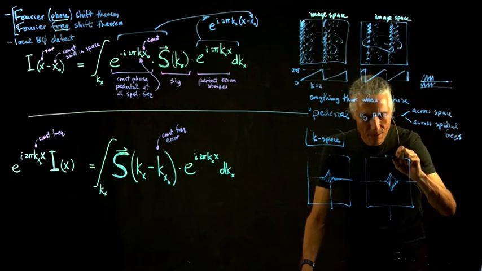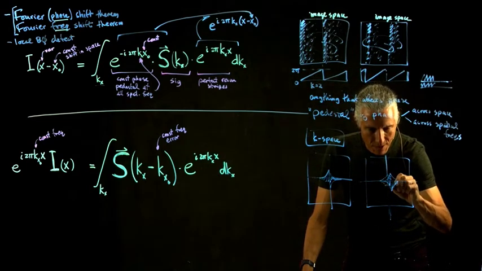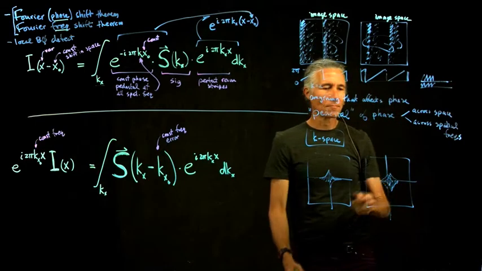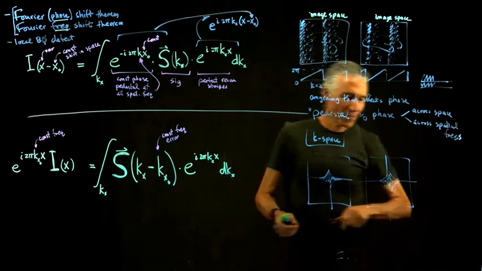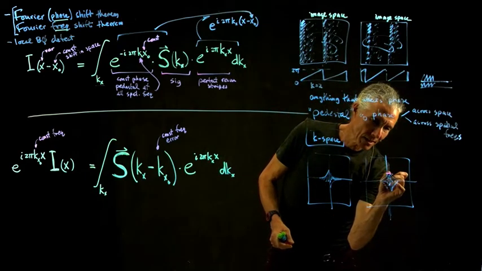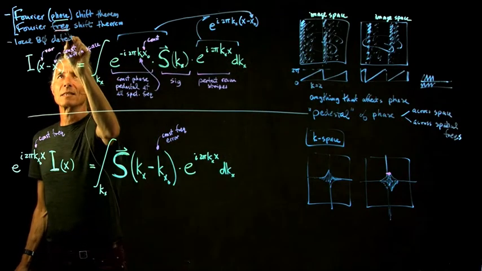So here's where it should have been, it should have been over here, but it got moved. Now, that's a fixed offset in frequency. That's the Fourier frequency shift.